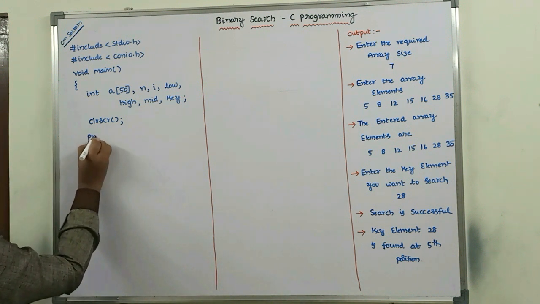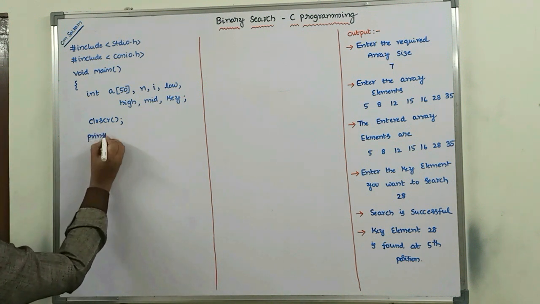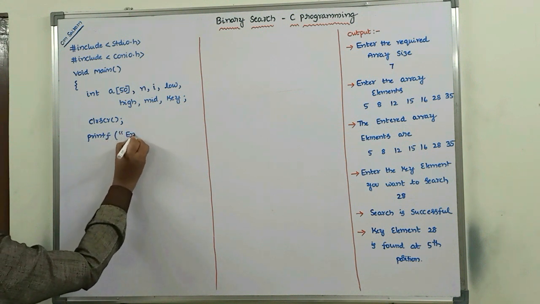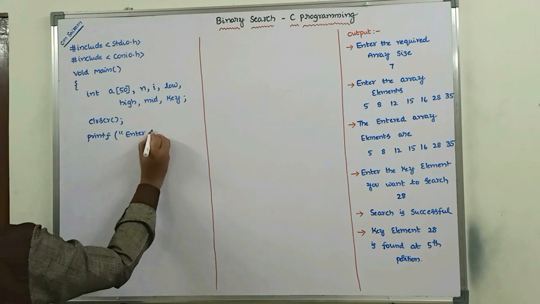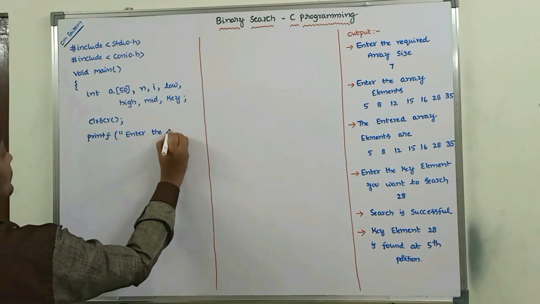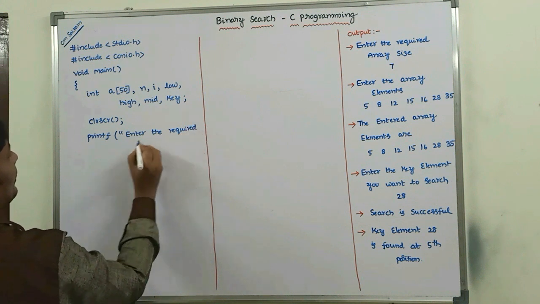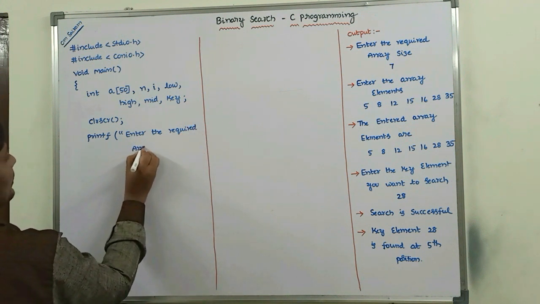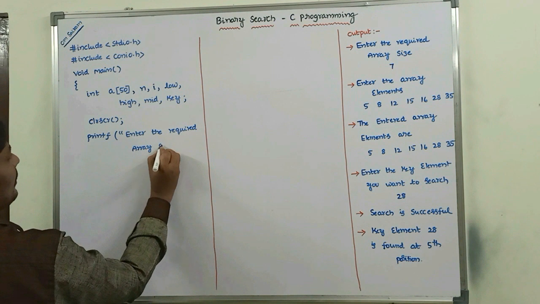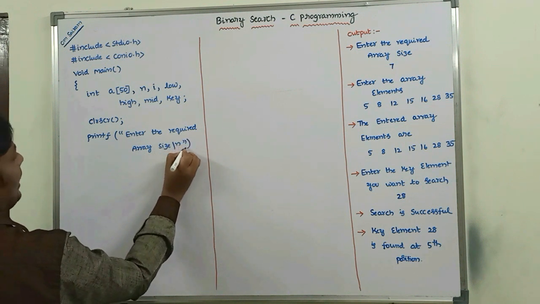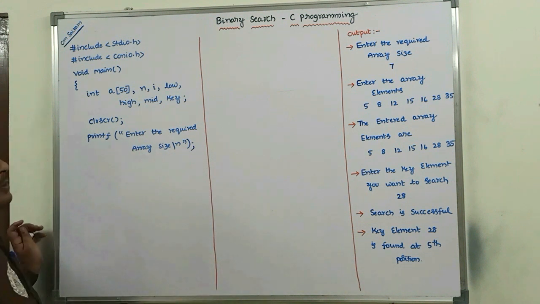So printf, enter the required array size, \n, double quotes and parenthesis close, semicolon.